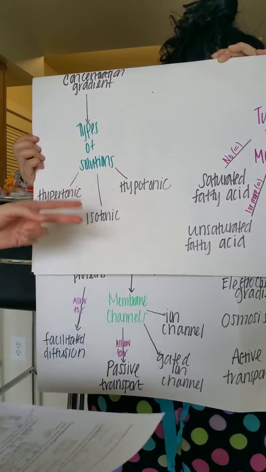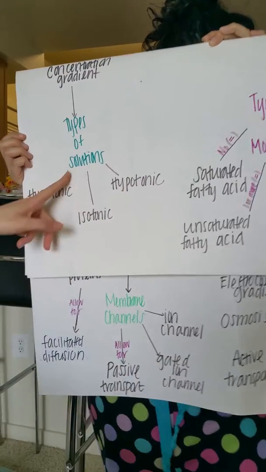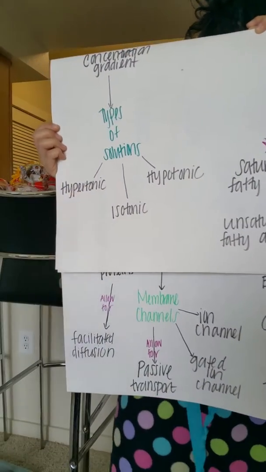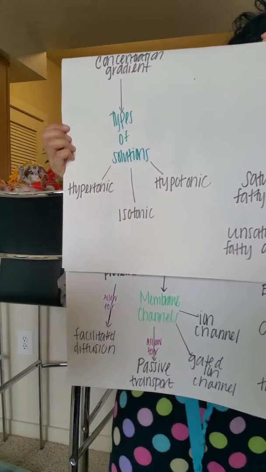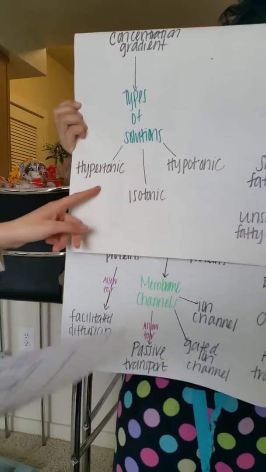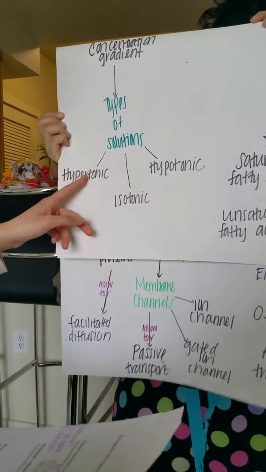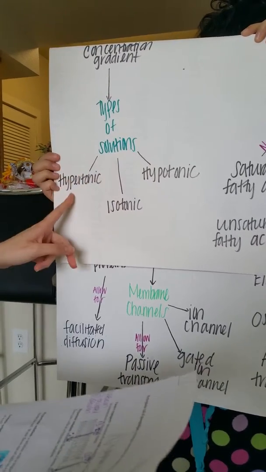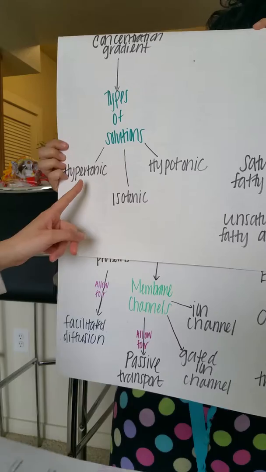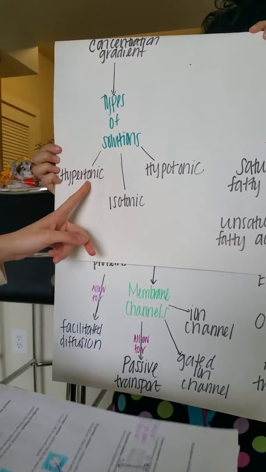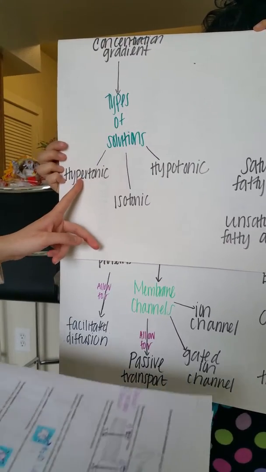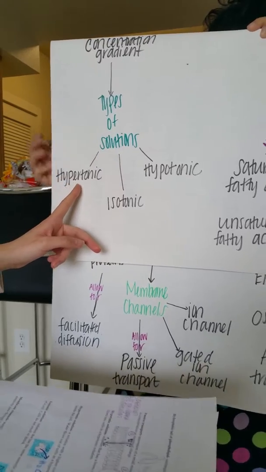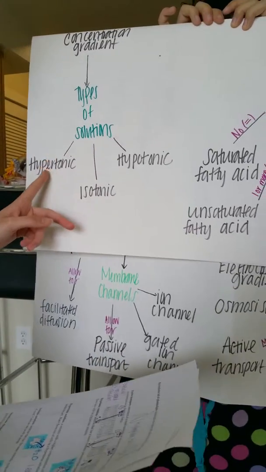So for our different types of solutions, we have our hypertonic solution, where the concentration of solutes is a lot greater outside of the cell than inside of the cell. So human cells or plant cells, when placed in a hypertonic solution, will shrivel or shrink.